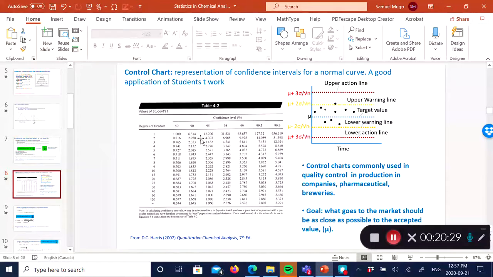As you've seen, the student's T here is a table. And the student's T, as I've mentioned, is dependent on the confidence level that is expected or that you want to use to calculate, and the degrees of freedom, the n minus 1.